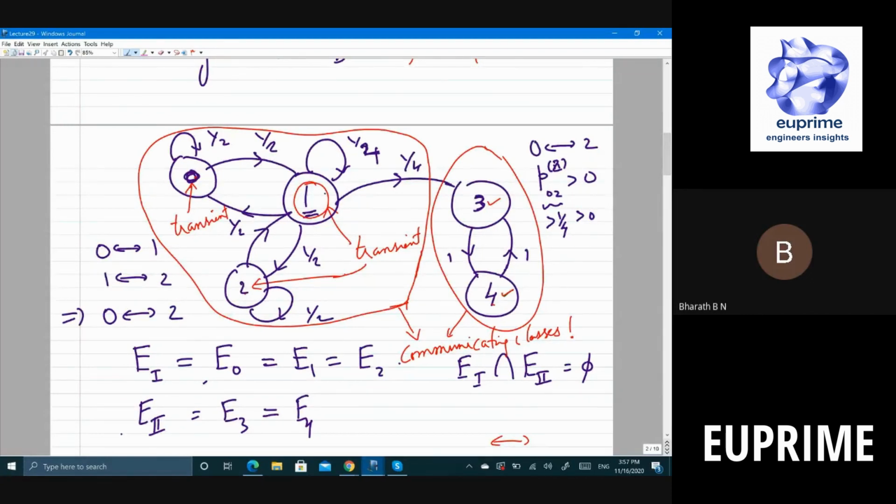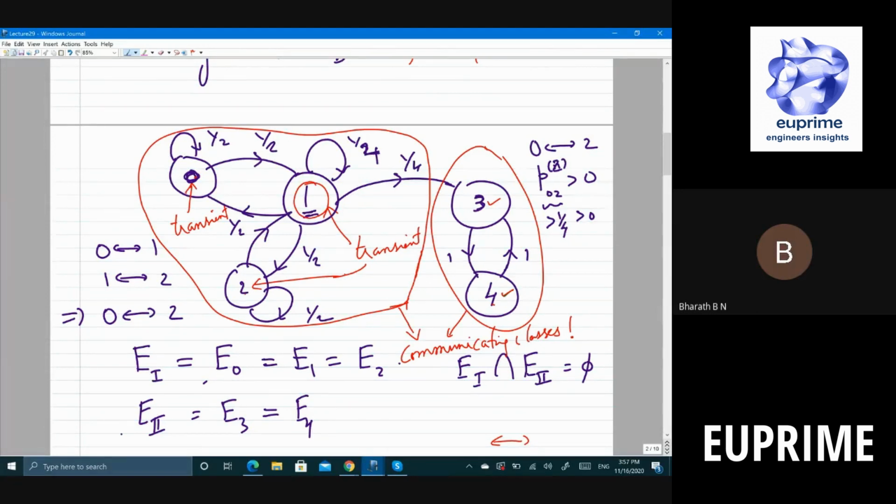In 2 steps, there are 2 paths, 1 by 2 times 1 by 2, and 1 by 4, and then another 1 by 4. So the probability that I come back in 2 steps is 1 by 4. In 3 steps, I go to 1, stay at 0 for 2 time instances, and come back. So it will be 1 by 8, right?